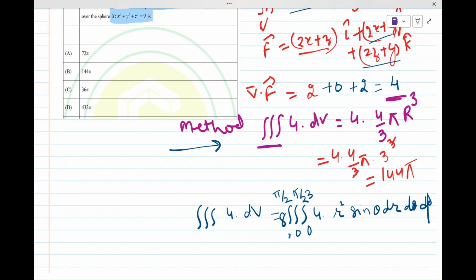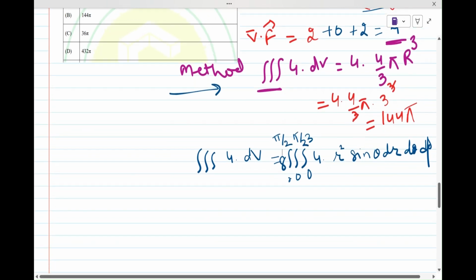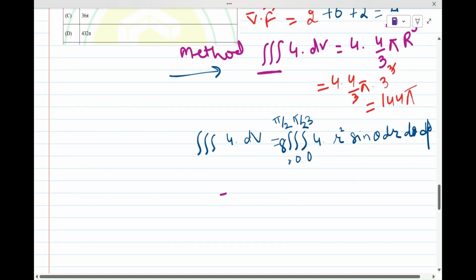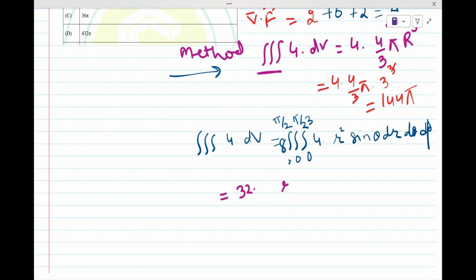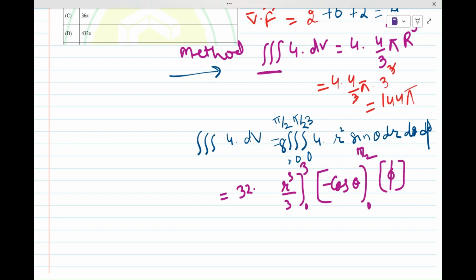Now if you solve it, you are going to get 32 times the integral of r square, which is r cube by 3 from 0 to 3. Sine theta integration is minus cos theta from 0 to pi by 2. D phi gives phi from 0 to pi by 2. All are independent, so we can separate them and apply like this.